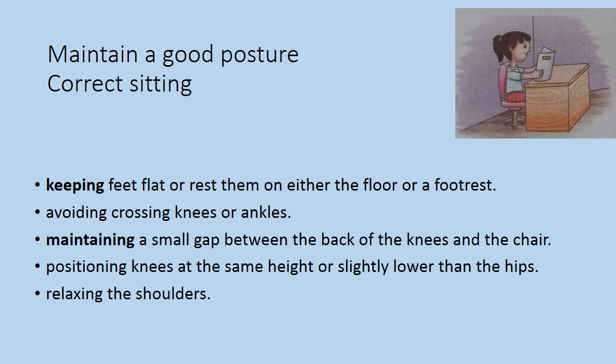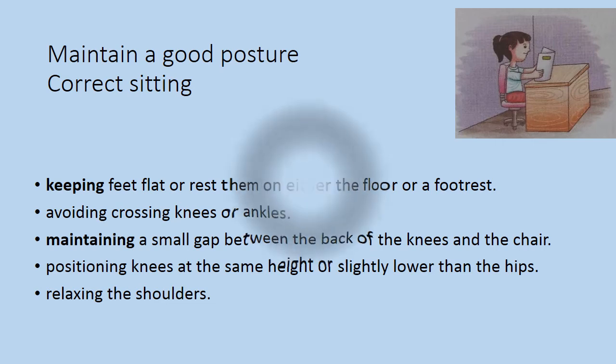Maintain a small gap between the back of the knees and the chair, and position knees at the same height or slightly lower than the hips. Place your ankles in front of the knees and relax your shoulders. This is the correct posture while sitting.